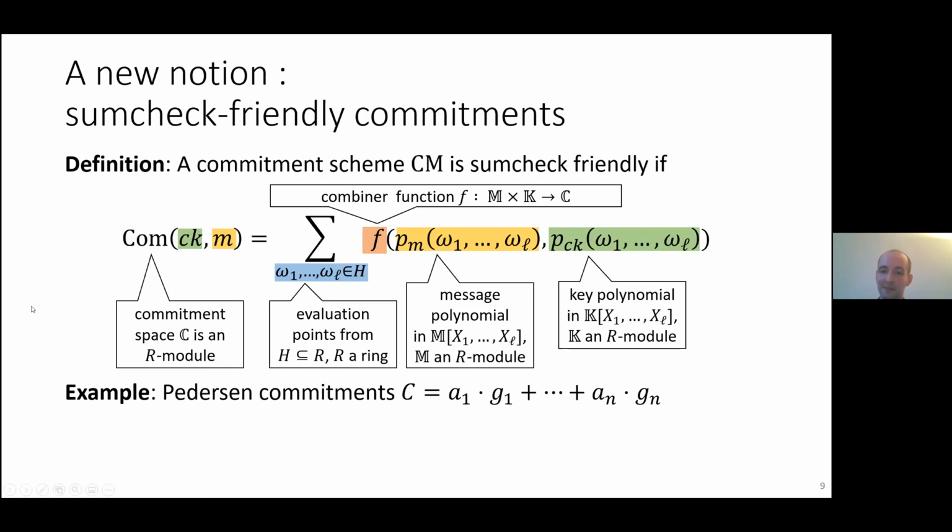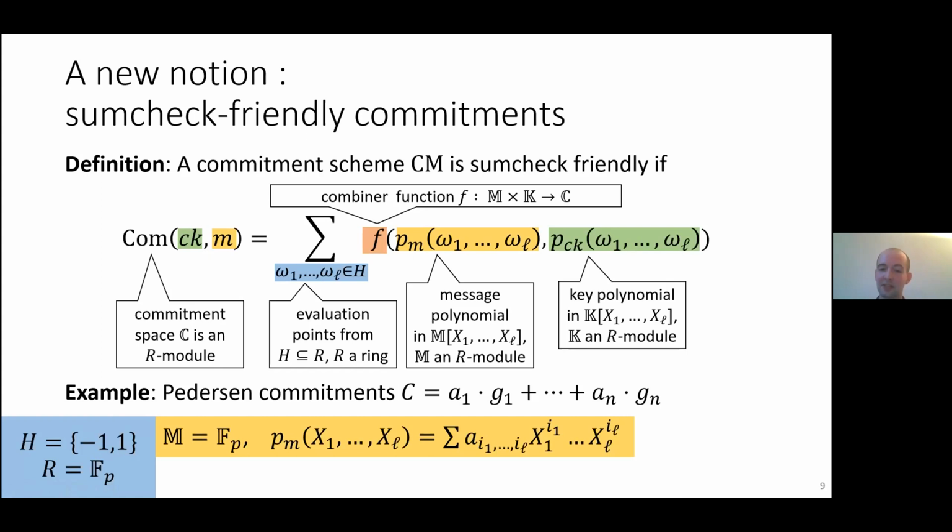One possible way you could express a Pedersen commitment as sumcheck-friendly is to choose H to be -1 and 1. And the ring could just be a finite field of prime order.